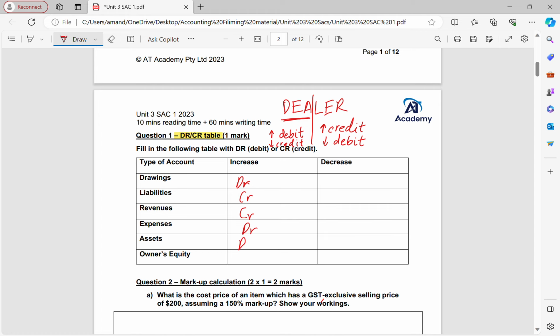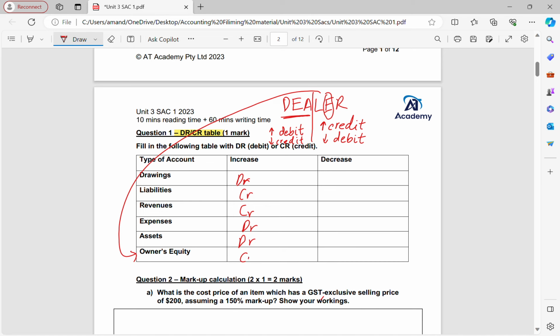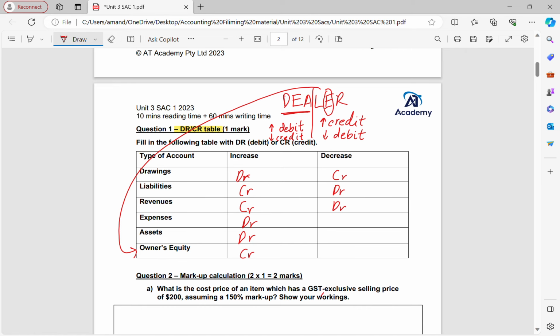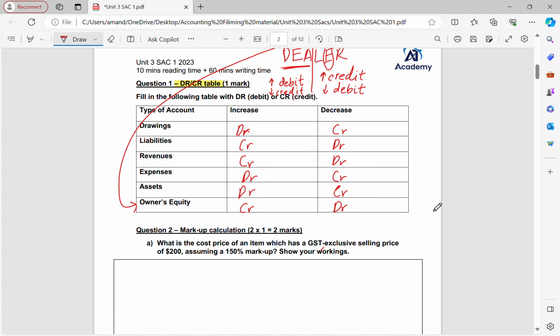Assets also debit. Owner's equity, which is just the equity part here, is going to be a credit. And if you really want to be fast with this question, you just do the opposite way. And there we go. So first question, it's quite easy marks, so you should probably get this really quickly.